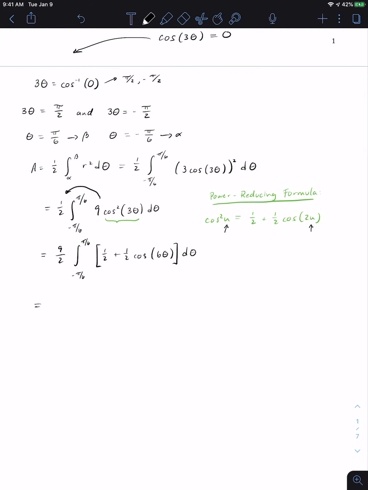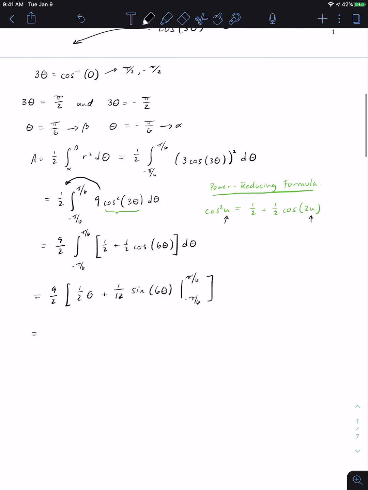So now I can integrate. So I get 9/2 times, I get 1/2 theta, and then the antiderivative of cosine is positive sine, so I get plus 1/6 because I'm taking the antiderivative, so I divide by 6. So I end up getting plus 1/12 sine of 6 theta. And I'm going to evaluate that from negative pi over 6 to pi over 6.